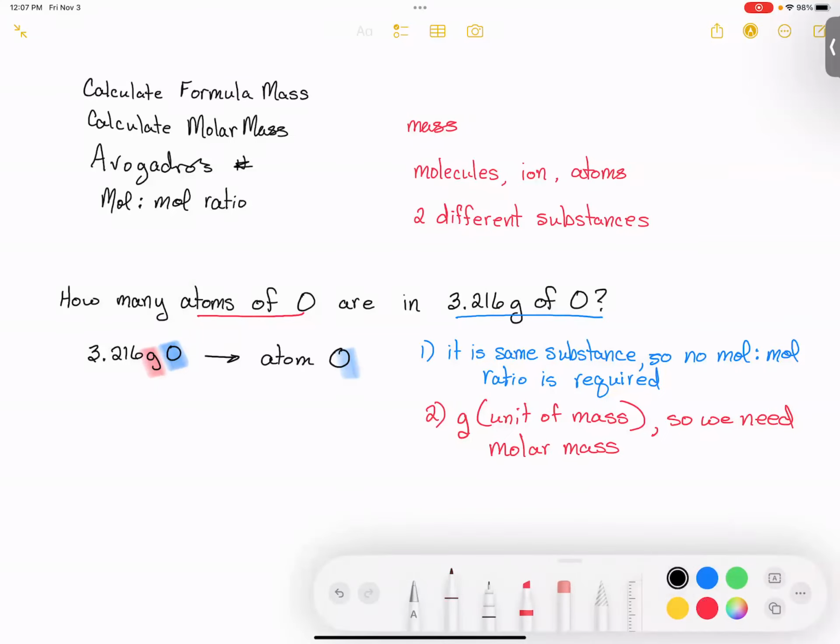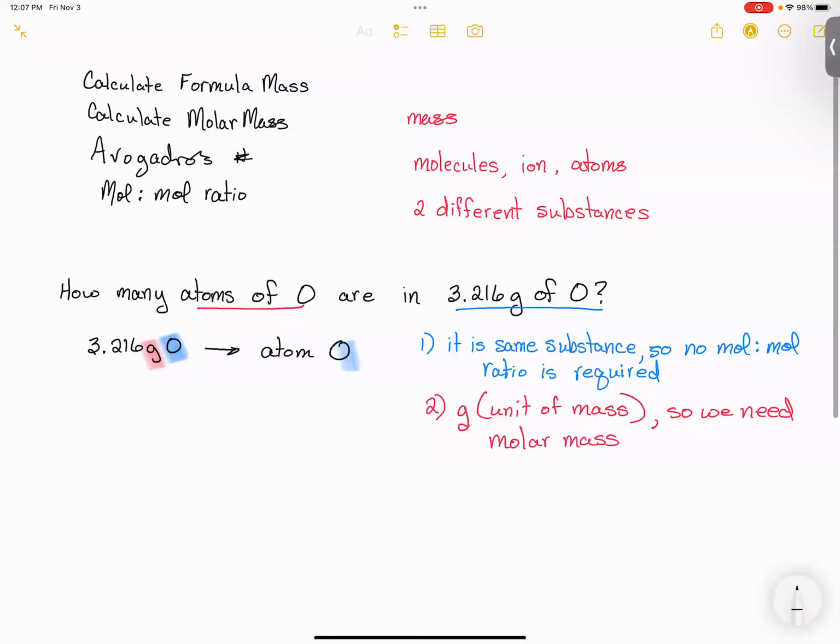According to the periodic table, for every 16.00 grams of oxygen, that is equal to 1 mole of oxygen. That is its molar mass based off the periodic table.